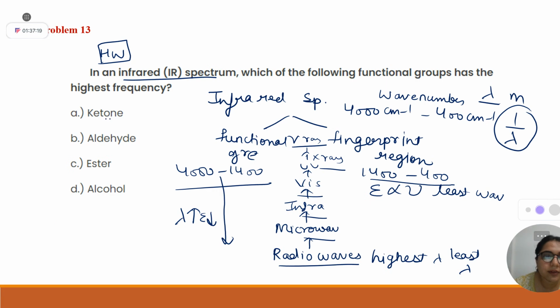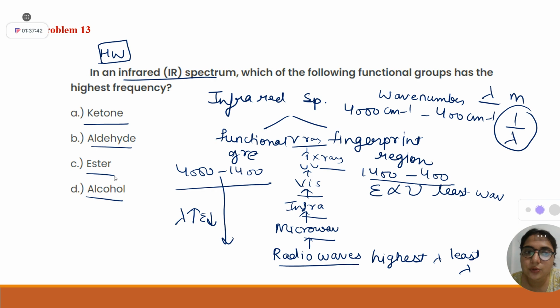Can anyone tell me in which range ketone is there? Whoever has gone through sir's lecture, has sir covered this topic, IR spectroscopy? If he has covered it, I am requesting everyone, please go through his slide.